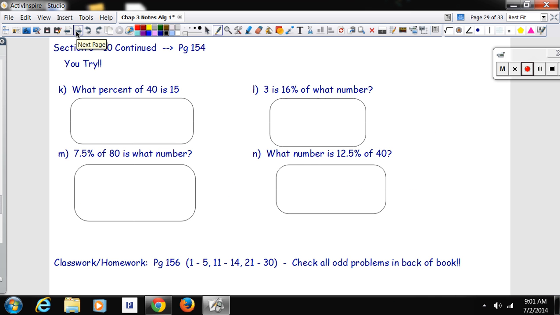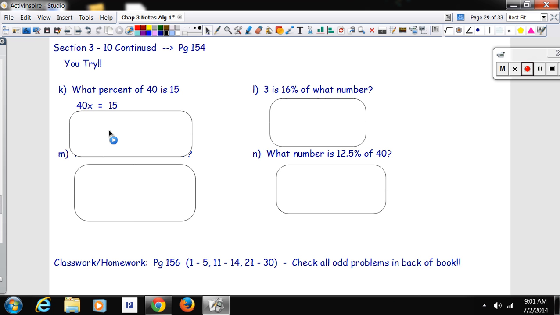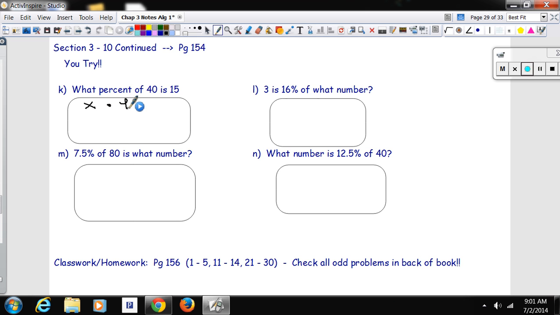Okay, so what percent, that's my x, of 40 is 15? Let's do it this way. What percent is x of 40 is 15? That's how you want to write it. X times 40 equals 15. And then if we want to solve that, we're going to divide both sides by 40 and get x equals 15 divided by 40.